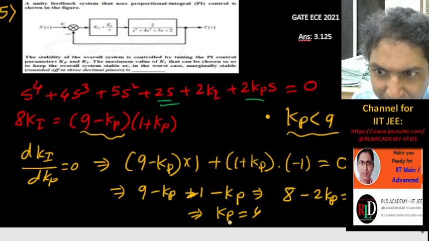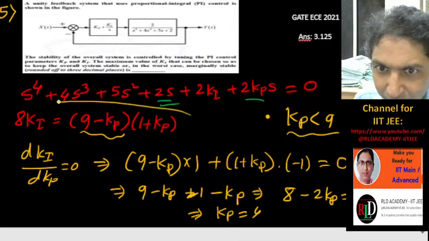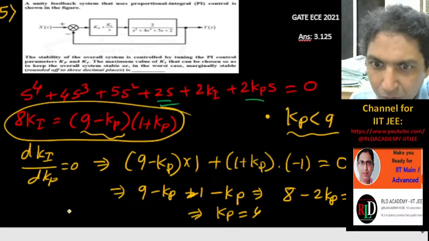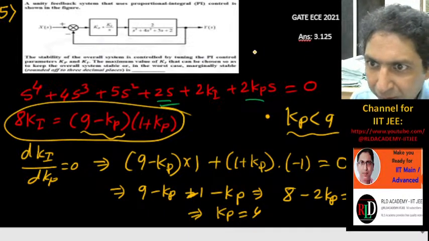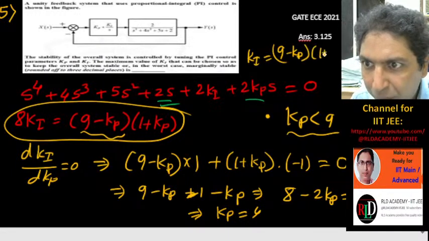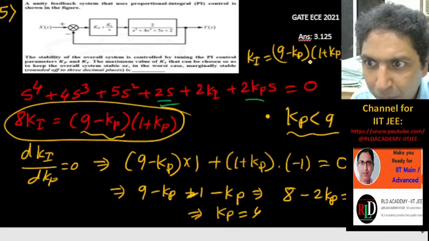So if you replace this Kp equal to 4, what is the Ki? Now from here you can find out the maximum value for Ki. Right? So the Ki value I write here, okay? The Ki is your 9 minus Kp and 1 plus Kp upon 8.